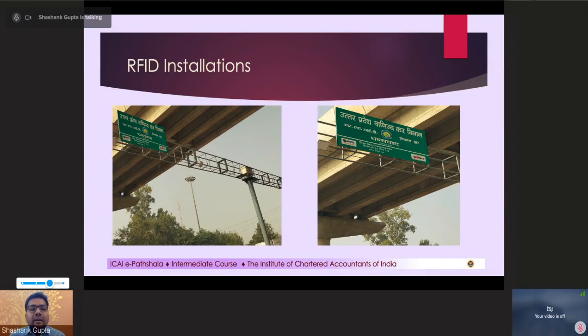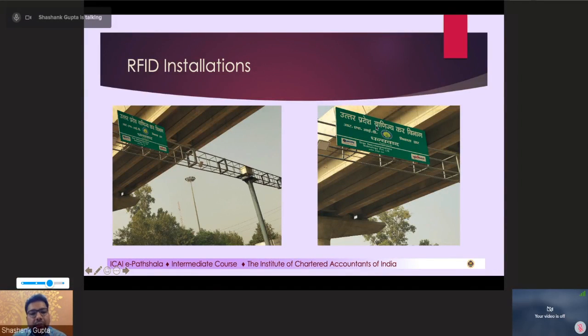It is similar to the e-toll tag or the FASTag, which is now being made mandatory for payment of toll. It is similar to that. Now, what happens with this RFID tag on these vehicles is that at various places, the government has installed these RFID readers. Can you see these small readers?